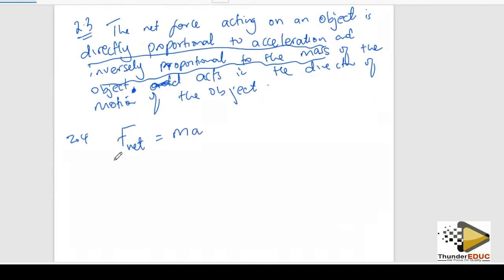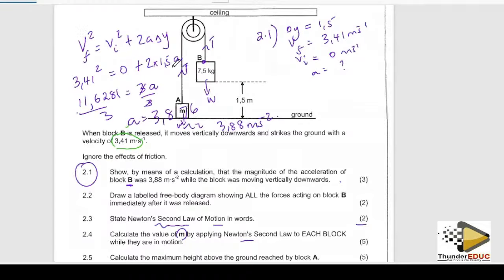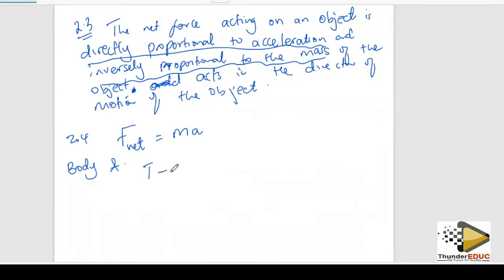When I look at body A, my F net is going to be the tension, because I'm assuming the whole system is moving such that B is moving downwards, which means A is going to move upwards. And for A to move upwards, the tension must be slightly greater. So I'm going to say tension minus the weight of A must give me the mass of A times the acceleration.